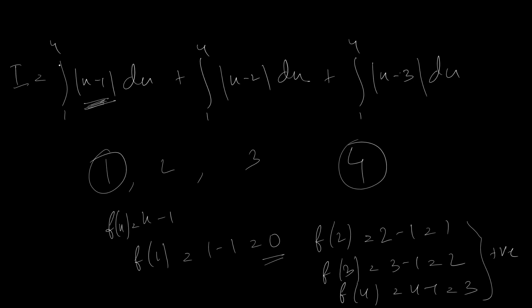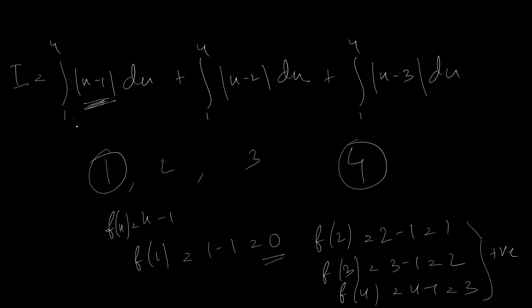But in these limits, from 1 to 4, the value of x minus 1 is always positive. Therefore, for these limits, this function is always positive, so I will only take the positive value here.